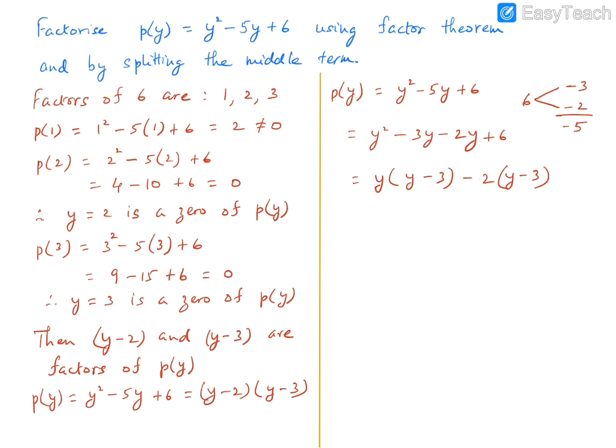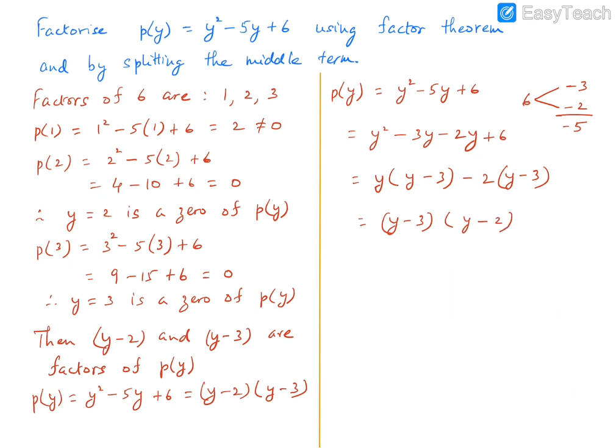Now we can take y minus 3 as a common factor, and we will be left with y. When we take y minus 3 as a common factor in this entire expression, this is multiplying the y, so we have that y, and this is multiplying the minus 2, so we'll have the minus 2.